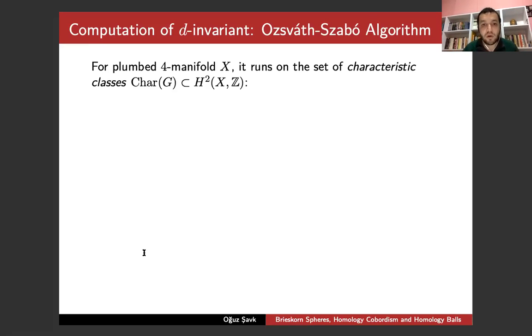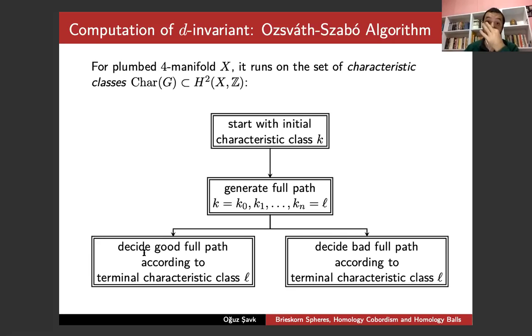Here, I just present its flow. You start with an initial class K, and then by running the algorithm, you generate a full path which includes a bunch of characteristic classes. At the last step of the algorithm, you decide whether your full path is good or bad by looking at the terminal class.